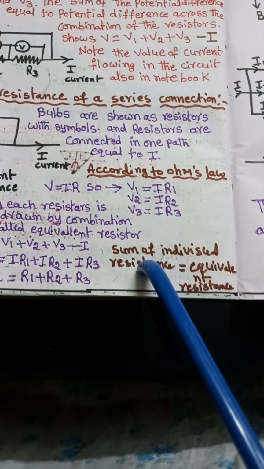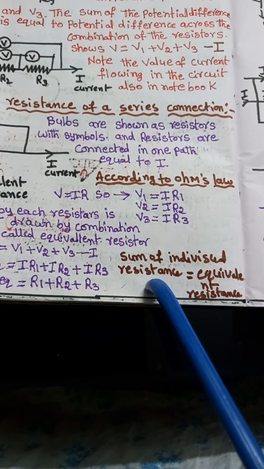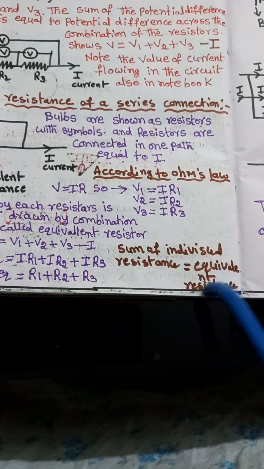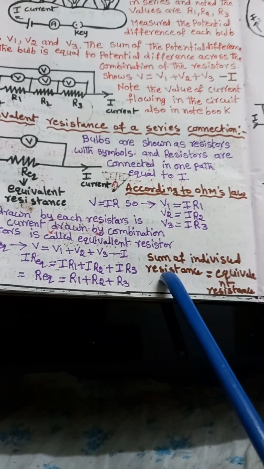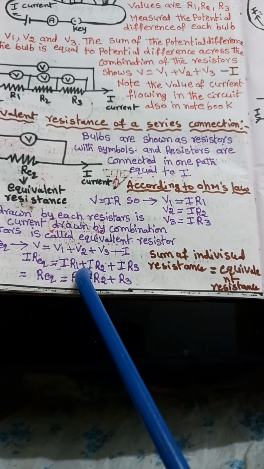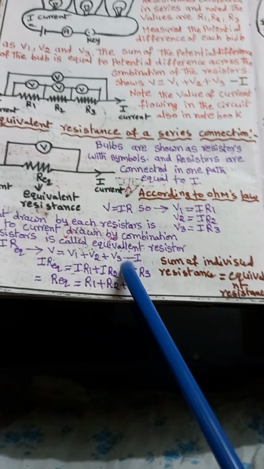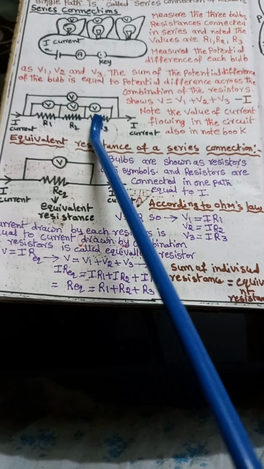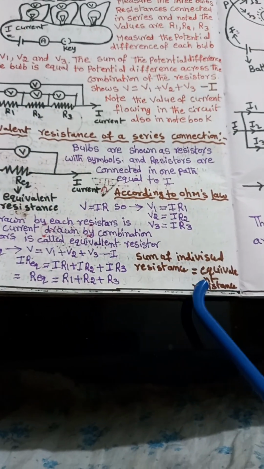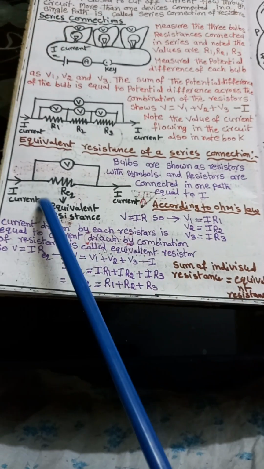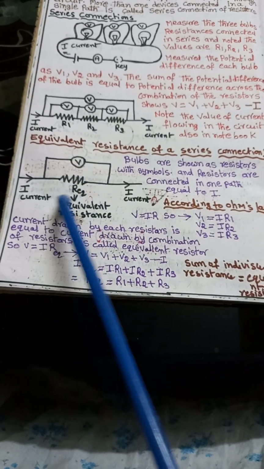It means the sum of the individual resistances is equal to the equivalent resistance.